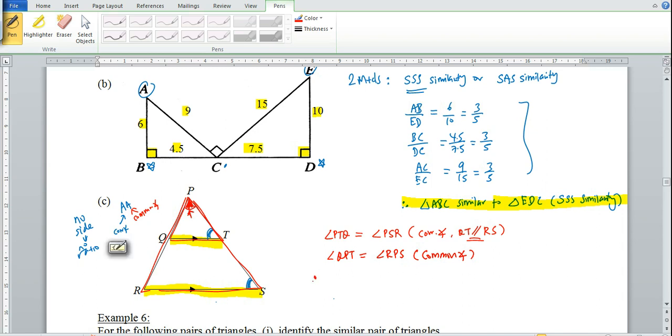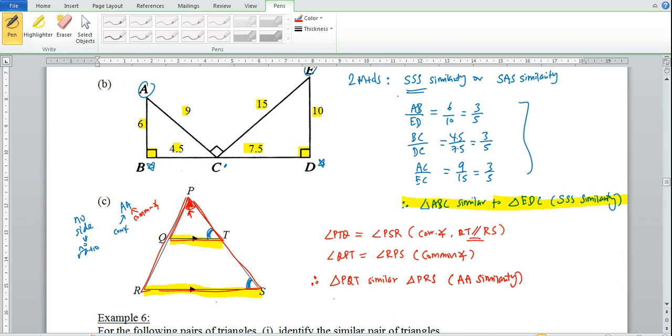So therefore, triangle PQT is similar to triangle PRS, and this is my AA similarity.